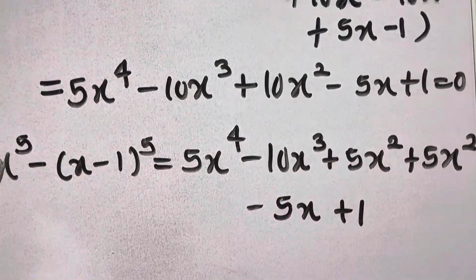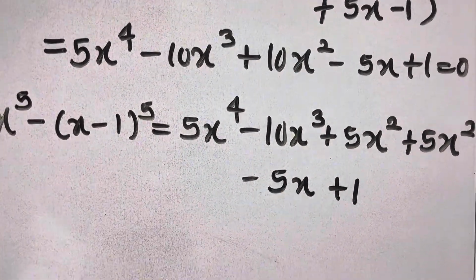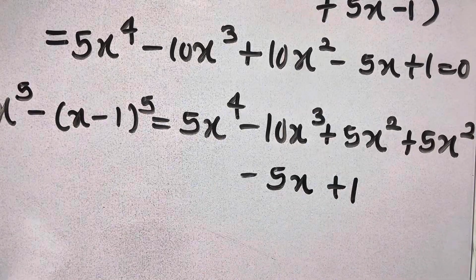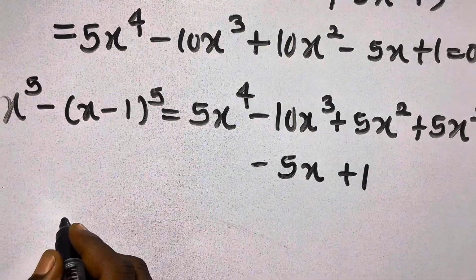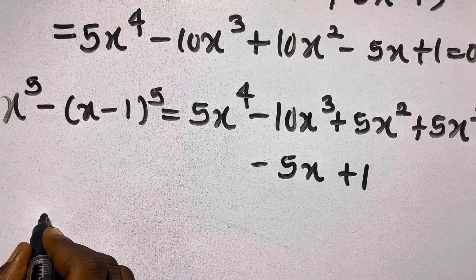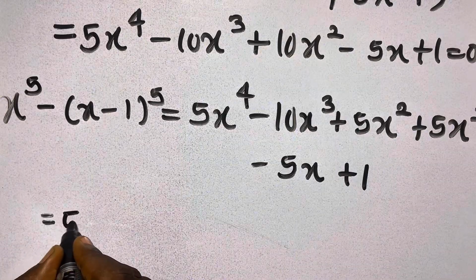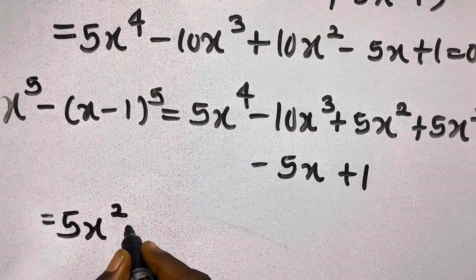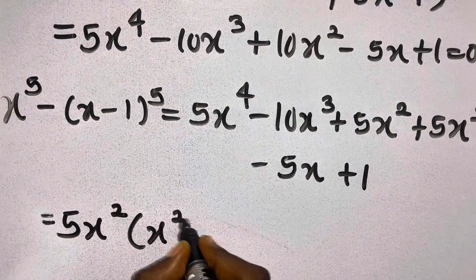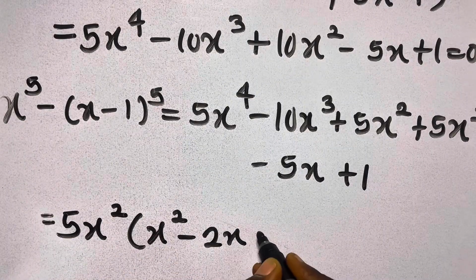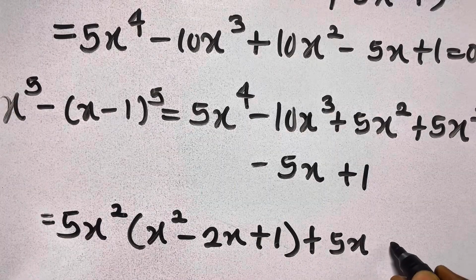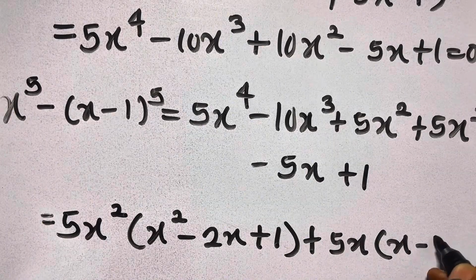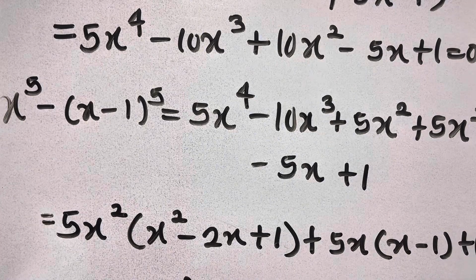Now what is next is factoring this. We will have this equal to 5x^2 times (x^2 minus 2x plus 1) plus 5x times (x minus 1 plus 1).